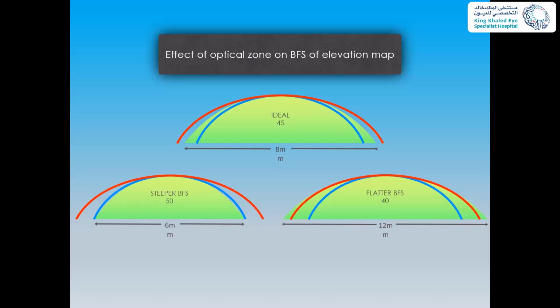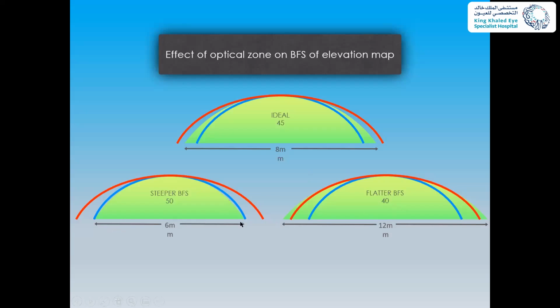But if you are using a 12 millimeter optical zone to calculate the best sphere fit, the peripheral cornea is flat. So when we calculate a best sphere fit for 12 millimeter, the best sphere fit, which was 45 for 8, will become 40 because it is including a peripheral flatter cornea.